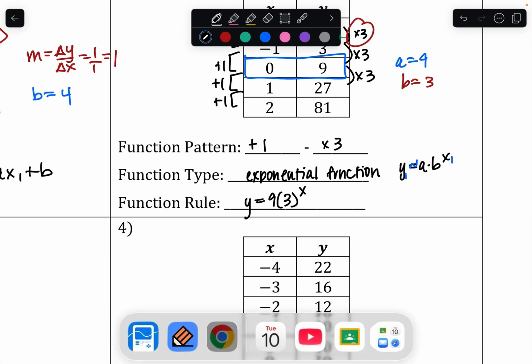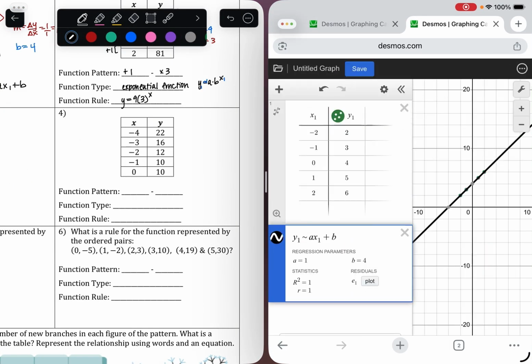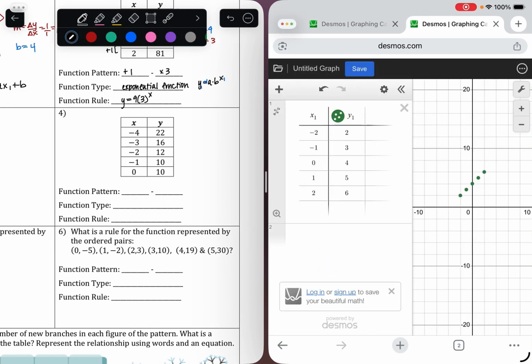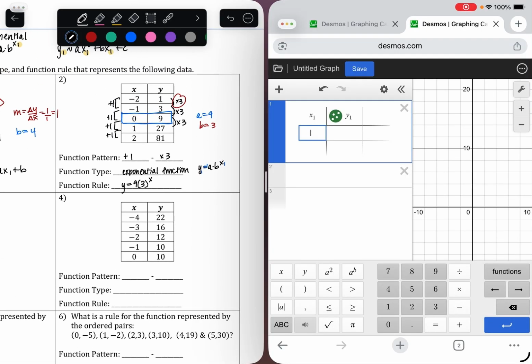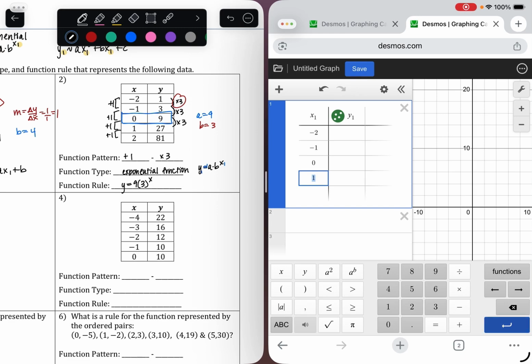If you're using Desmos, clear everything out so you have a fresh table, and then type your table in. So -2, -1, 0, 1, 2, and then 1, 3, 9, 27, 81.